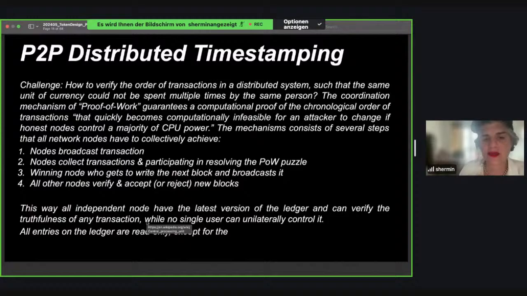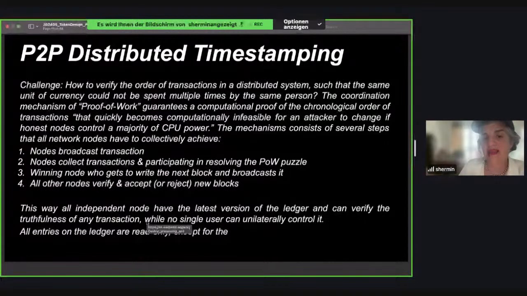Other nodes collect my transaction and other transactions that have been propagated in the network, and they start participating in the race to resolve the proof of work puzzle to find a certain mathematical value. This is very energy intense. The winning node, the fastest node to do that, gets to write all the collected transactions to the next block.